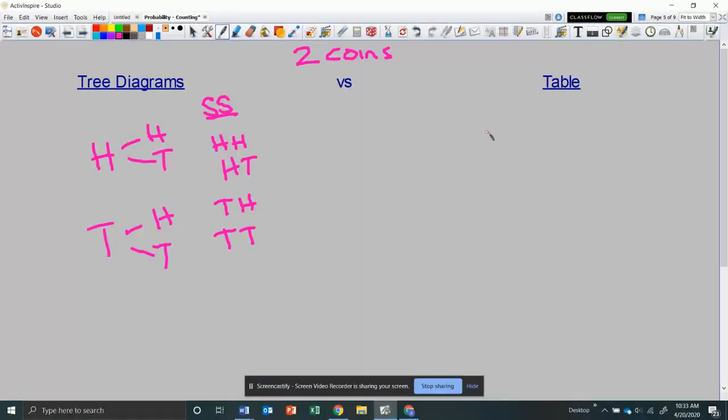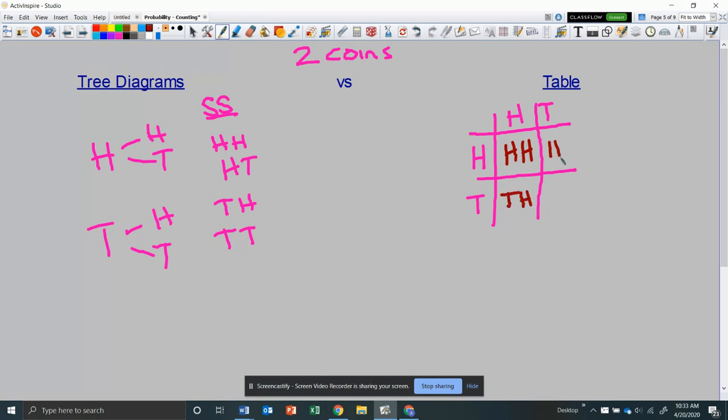The table is another way of doing it. You can get heads or tails on the first toss and heads or tails on the second toss. And then we're going to fill out the table accordingly. So this would be the heads, heads. Do you see that's what goes here? And this would be tails, heads. And this would be heads, tails.